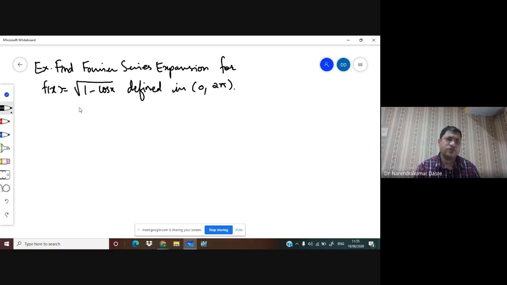Okay, so we have this function f of x equal to root of 1 minus cos x, and then we have to find out the Fourier series for this.